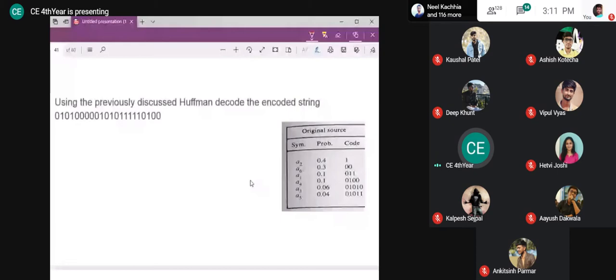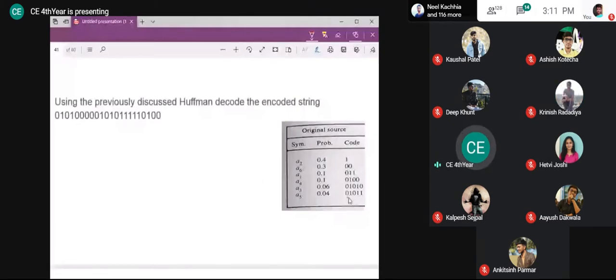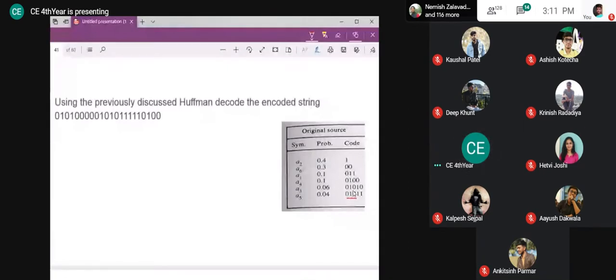So what is the first symbol? 0 1 0 1 0. So that is the first symbol, that is A3.